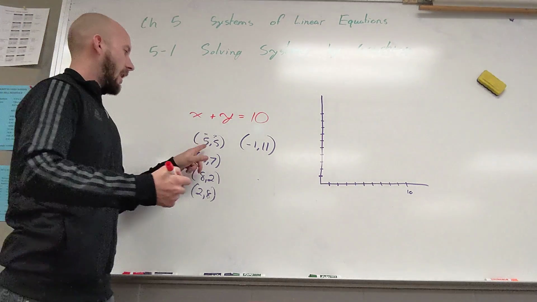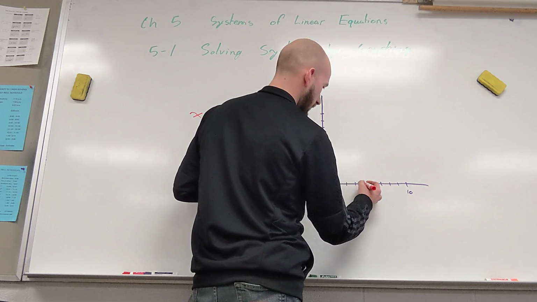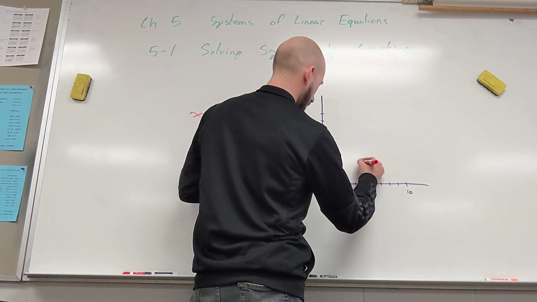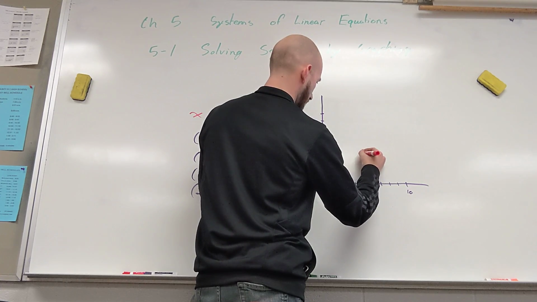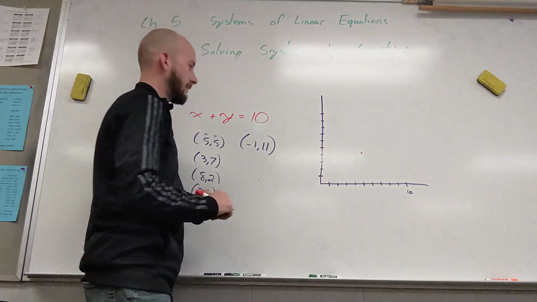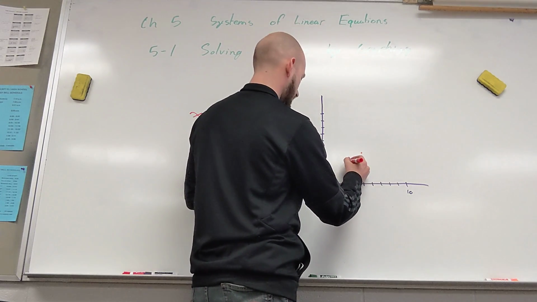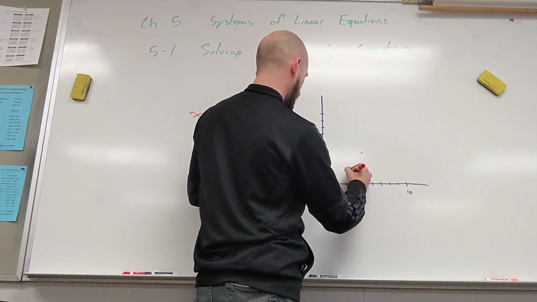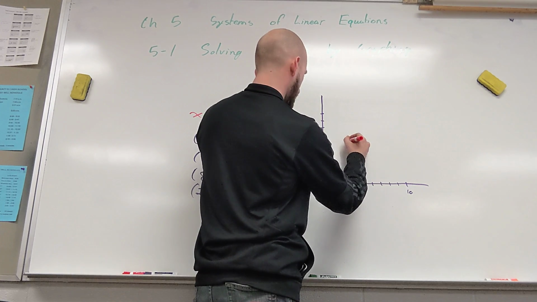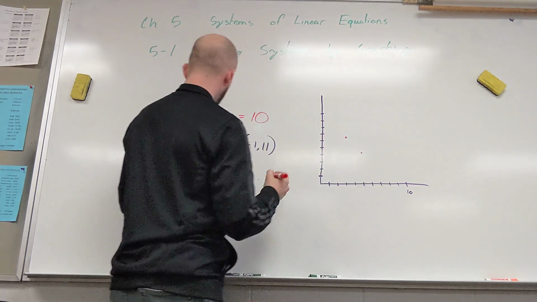So I'm going to plot some of these points. So 5, 5 would be there somewhere. This is kind of hard to do. And 3, 7. It's going to be right there.